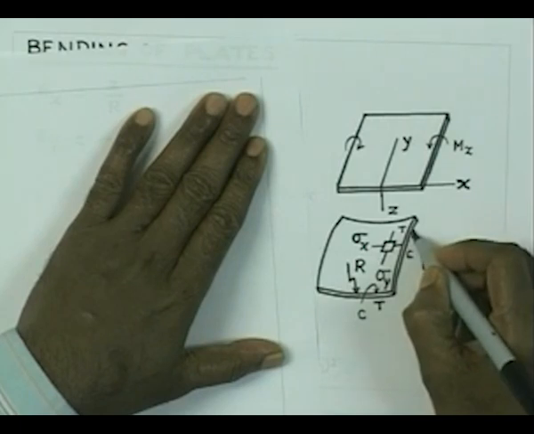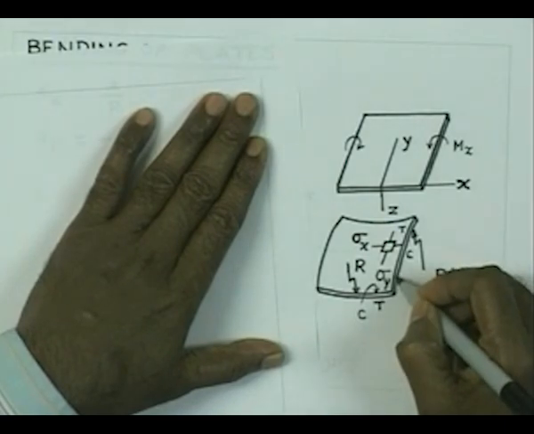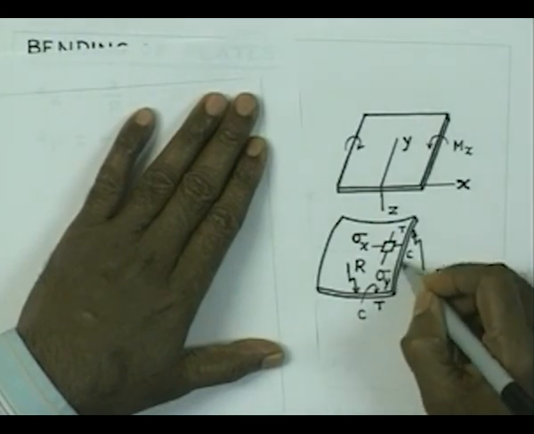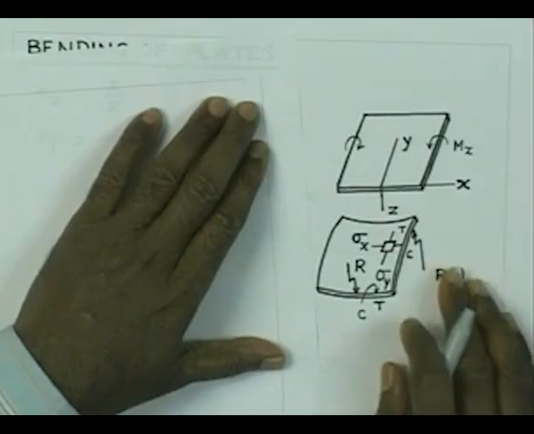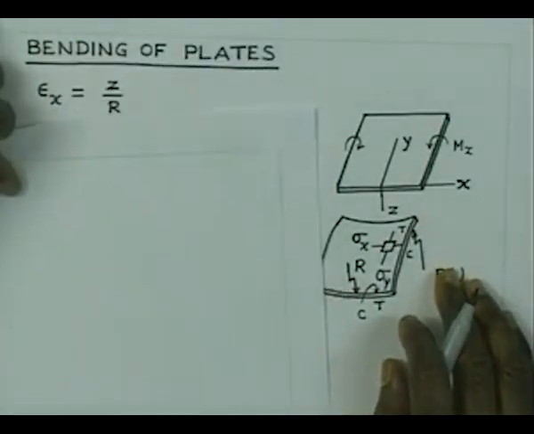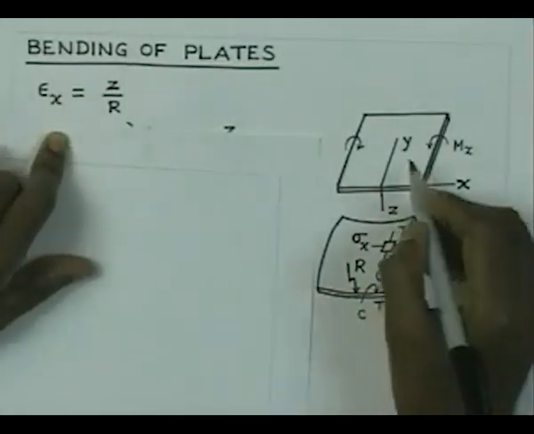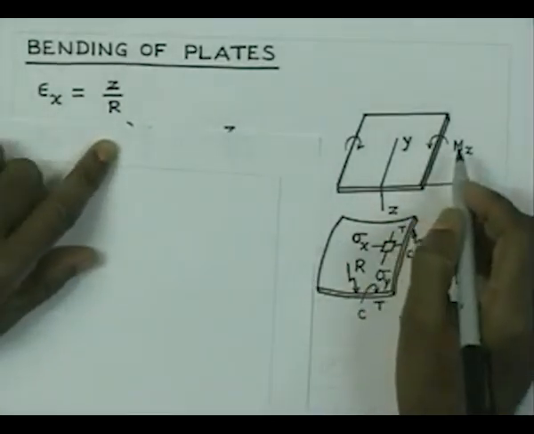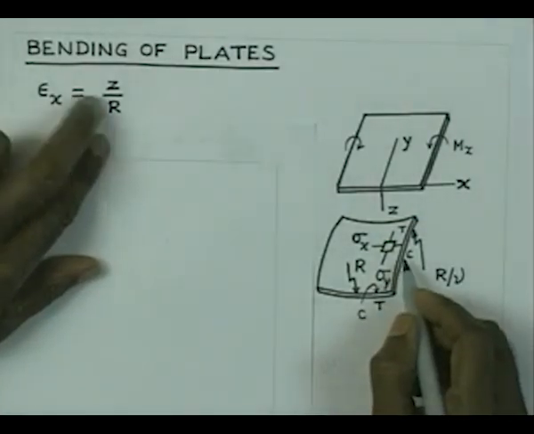So, there is a curvature demonstrated by the plate towards the edges, and this curvature gradually dies down as we move towards the center of the plate. And we can find out this curvature very easily if you consider that the bending is producing a strain, let us say epsilon x. So, because of this I have the bending strain which is z by r.